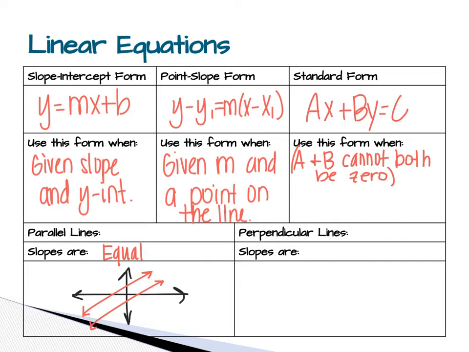Perpendicular lines are opposite reciprocal slopes. So when you graph those on the coordinate plane, one will go one way and one will go the exact opposite way, and they'll cross at a 90-degree angle.